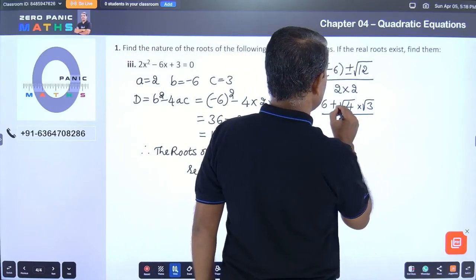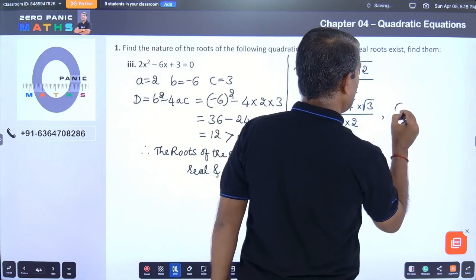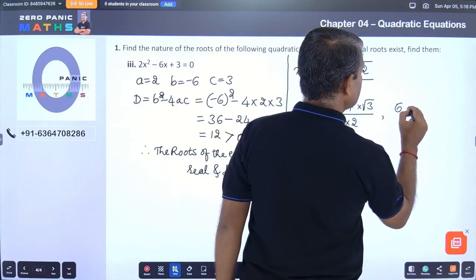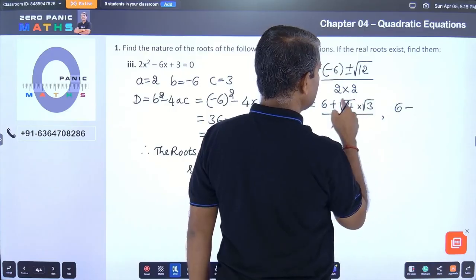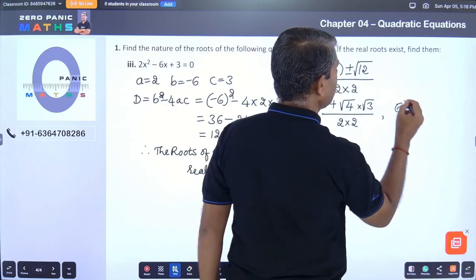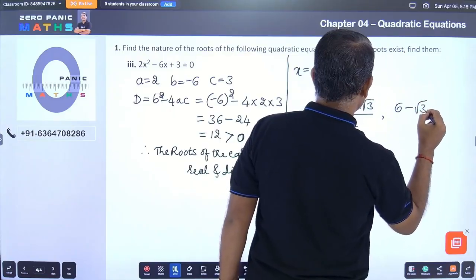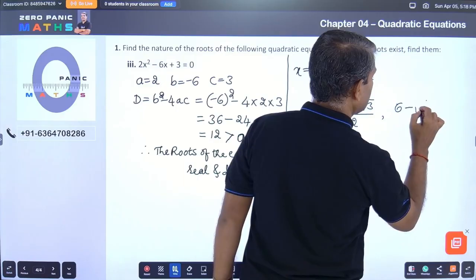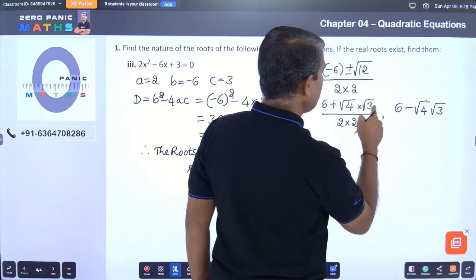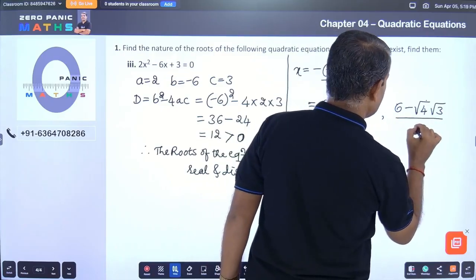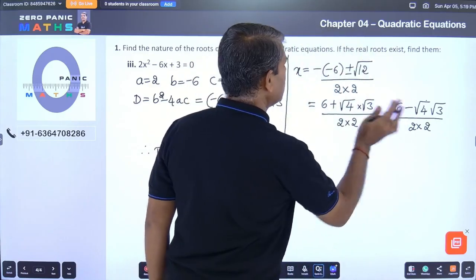Okay, so this is with plus, and there is one more root with minus symbol, that minus b plus is one root and minus b with minus is another root, right? So this is square root of 4 as it is only, but with minus symbol, right? 2 into 2. So these are the two roots I'm taking.